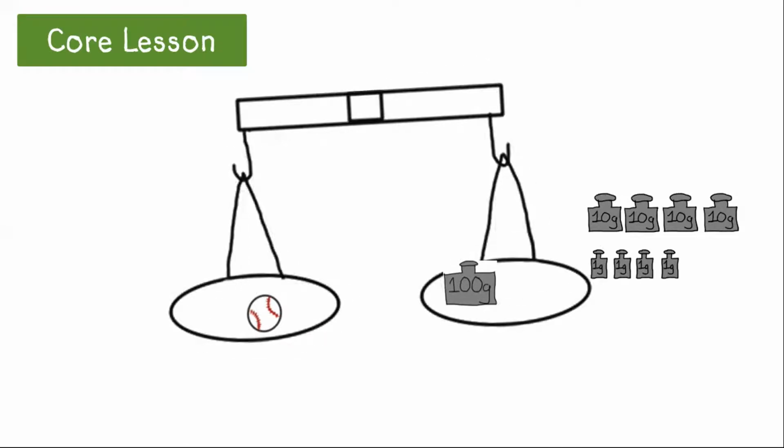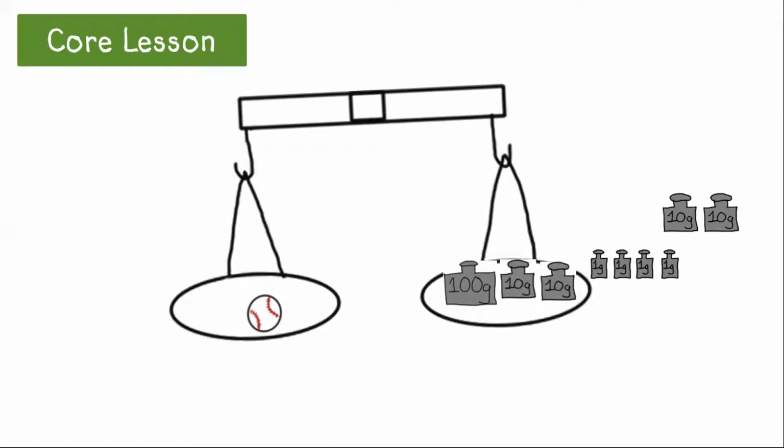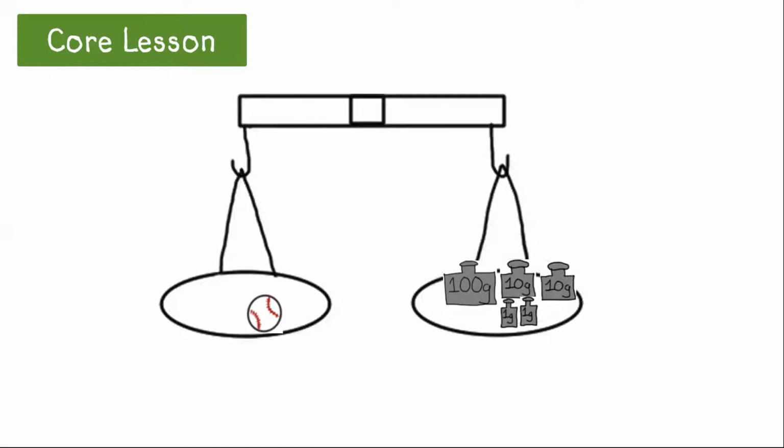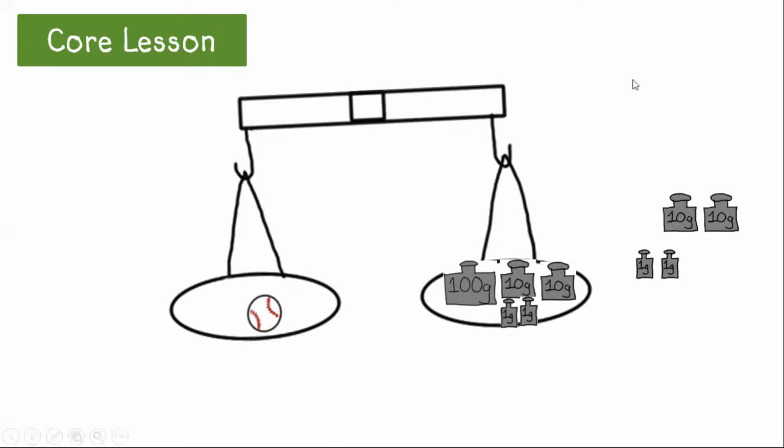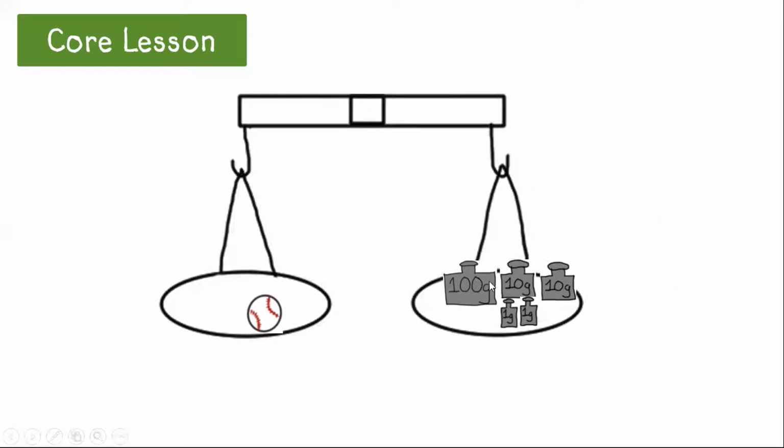It's a little bit closer, but it's not the same. So we put 10 and 10, still a little bit off, so we put another two. Now they are equal. So we just need the 100 gram benchmark, the 10 gram benchmarks, and the 1 gram benchmarks.